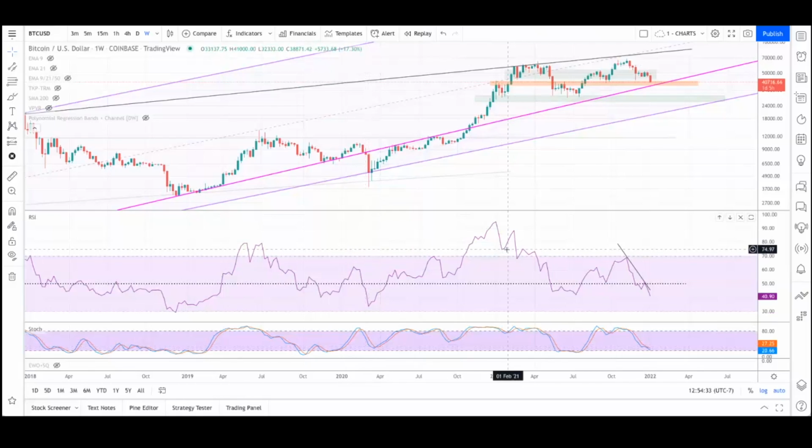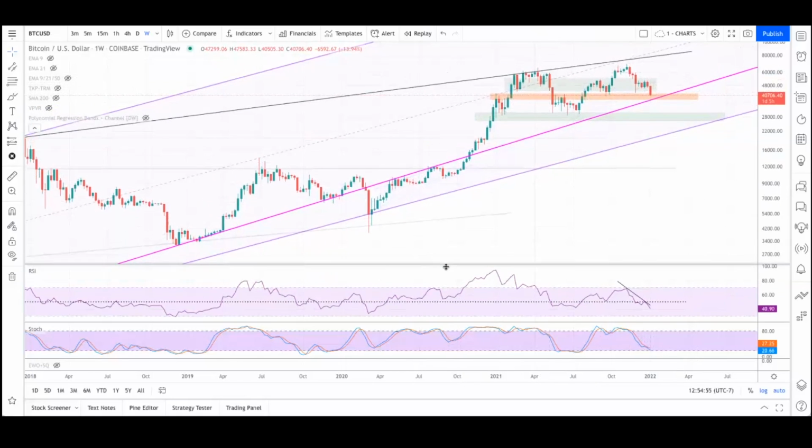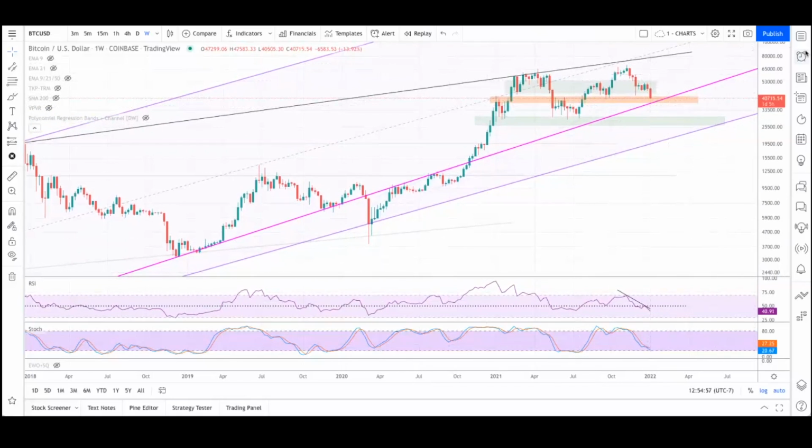We're at that on the stochastic now, but we need to see if this area will hold. It may. We'll see, but 37's got to hold, or we're most likely revisiting 30. So that's what I'm looking for on the old Bitcoin.